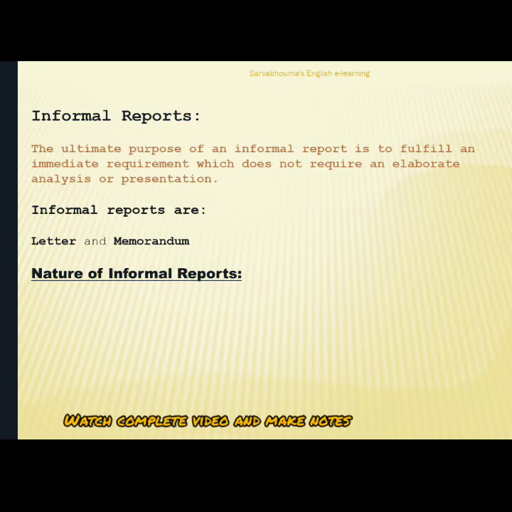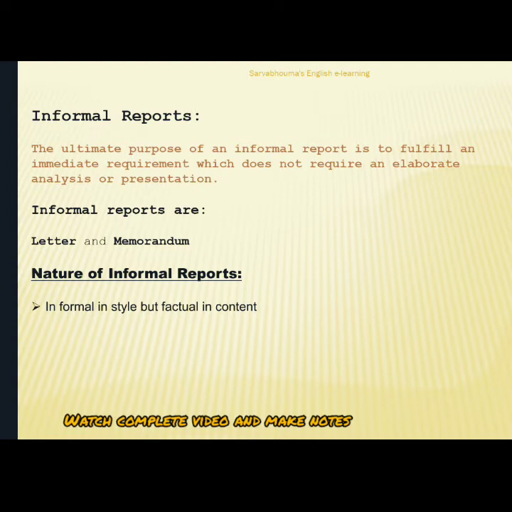For example, usually we get a memo from the office section to the classroom to submit your documents or study certificates or anything. So it is called a memo, and the information stays within the institution or organization. That is called a memorandum.